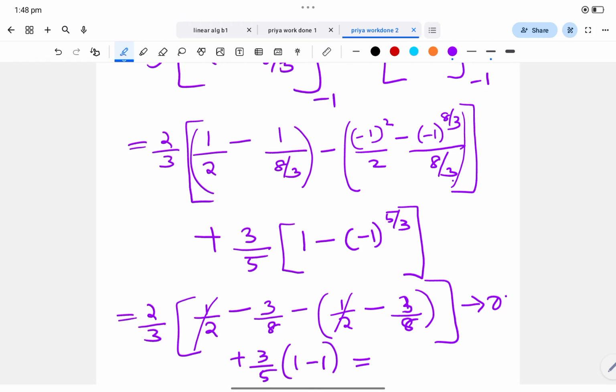So it will in fact be 1 plus 1, so what we get is 3/5 into 2, which is 6/5. The first term will be 0 and the second term contributes 6/5. So the work done by this particular force field along the given curve is equal to 6/5.